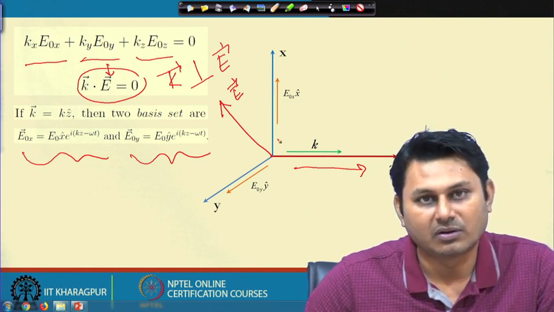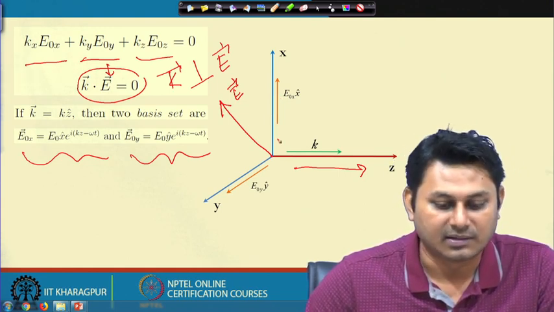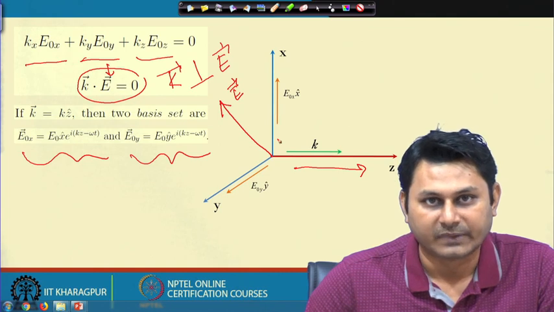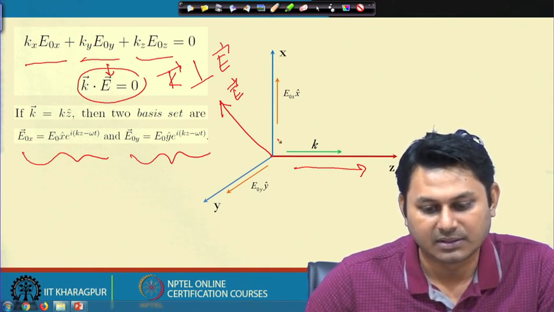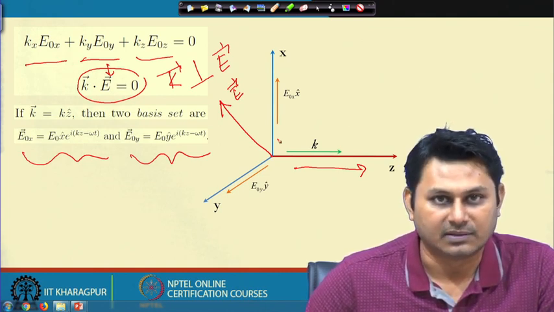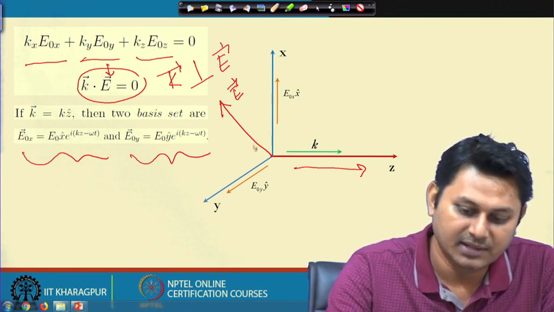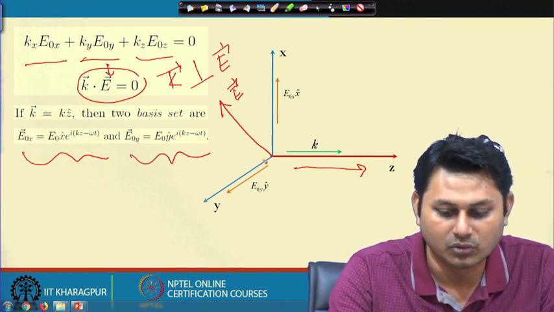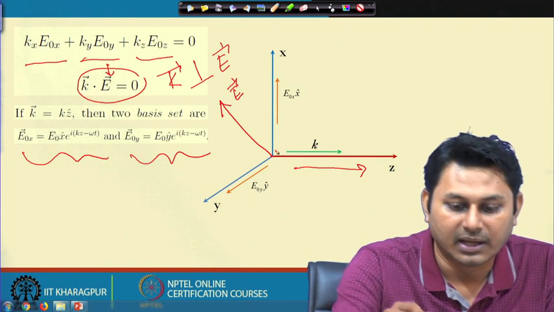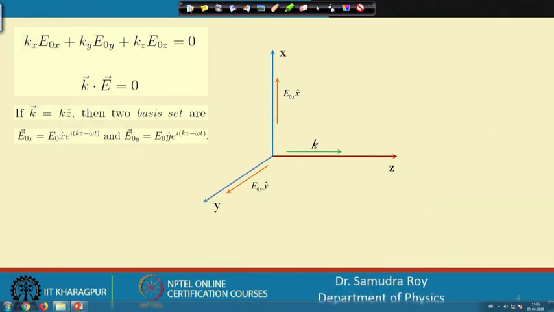So, these two we can call the basis set of the electric field. These basis sets are nothing but the polarizations. So, E has a polarization in this direction, but I can divide this into two basis sets, and these basis sets are the polarizations along the x and y directions, these two perpendicular directions. Okay. So, the important information here is that k and E are perpendicular to each other.